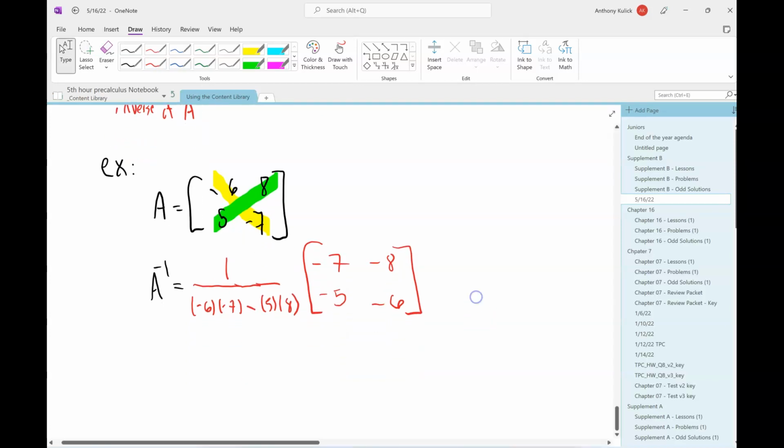Okay. All right, so -6 times -7 is 42. 5 times 8 is 48. So I have 1 over 2 times this matrix. That's scalar multiplication now, right?